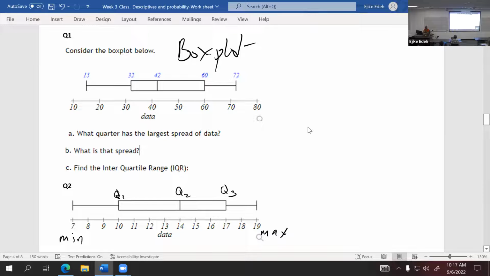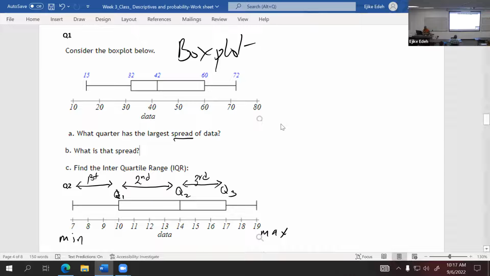So I'm taking this as the first quarter, the second quarter, the third quarter. What quartile has the largest spread? First quarter. The first, yeah. Okay, any suggestion other than first?